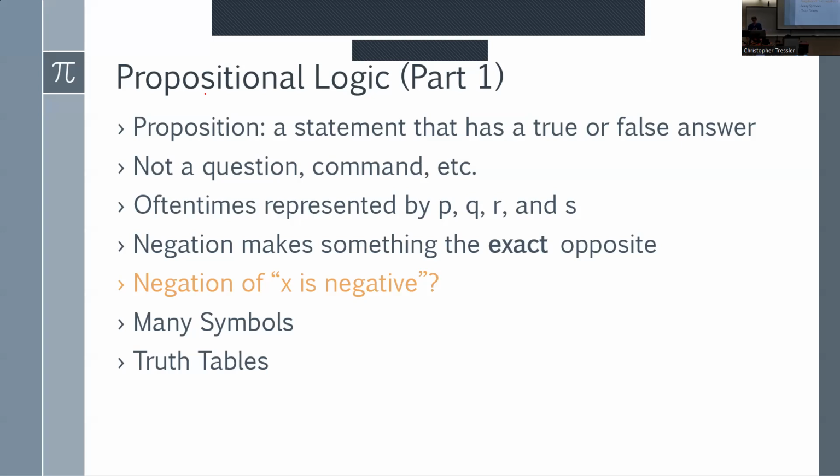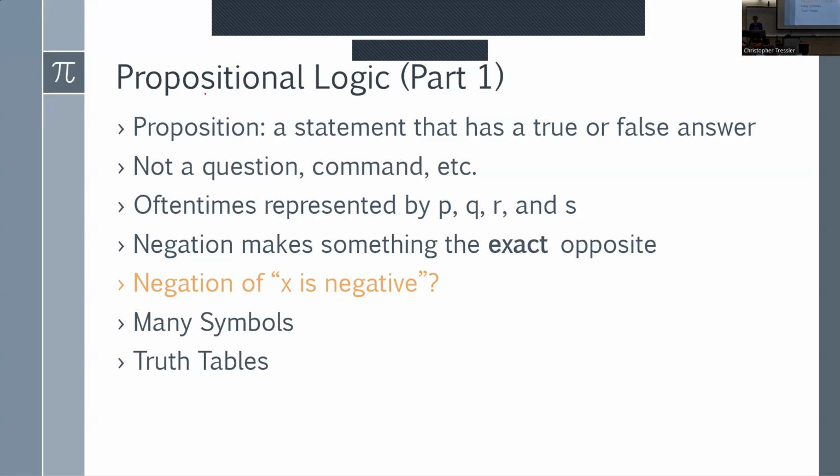Then we have negation, which is the first basic rule of propositions. Something I want you guys to understand is that negation does the exact opposite of whatever is being said. So for example, we have this practice problem here. It says, what is the negation of x is negative? Now, a lot of people, when answering this, are tempted to say the negation would be that x is positive, right? But that's not entirely the case because think about 0 here. Is 0 positive?